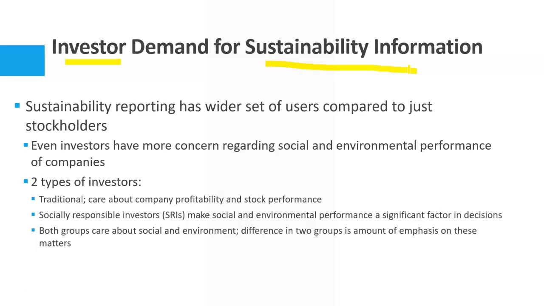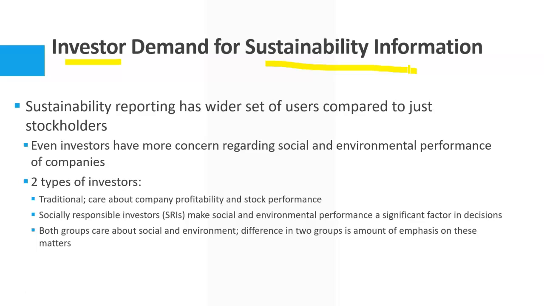While sustainability reporting is generally aimed at a wider set of users. So it's not aimed only at the shareholders, but there is also the emphasis that investors give to social and environmental performance, which has grown dramatically in recent years.